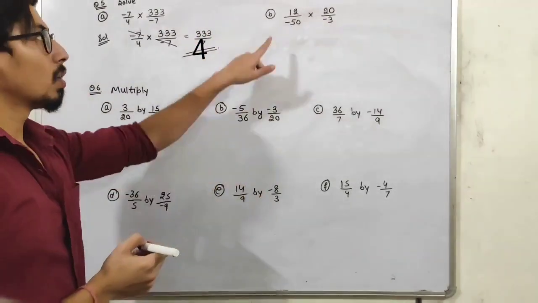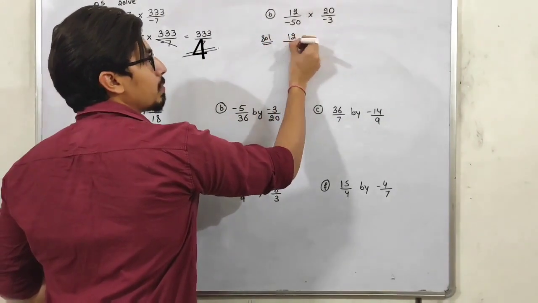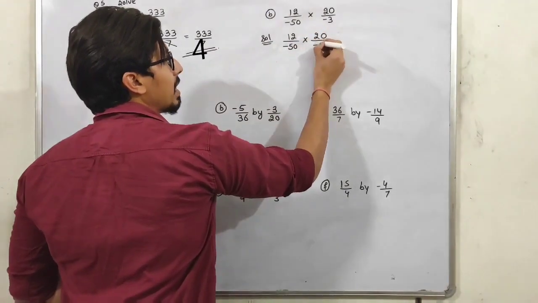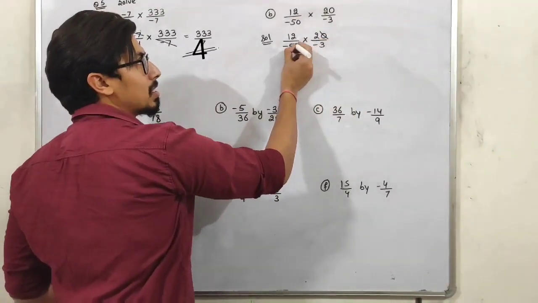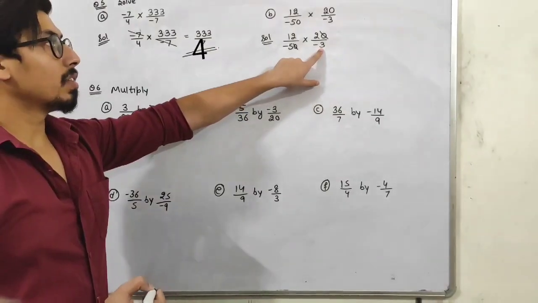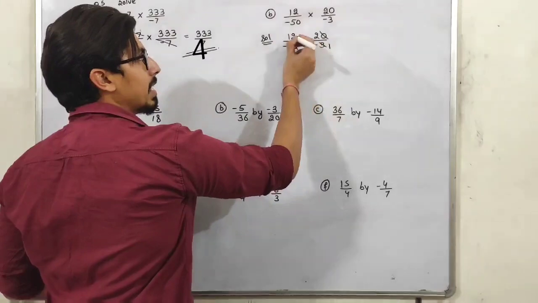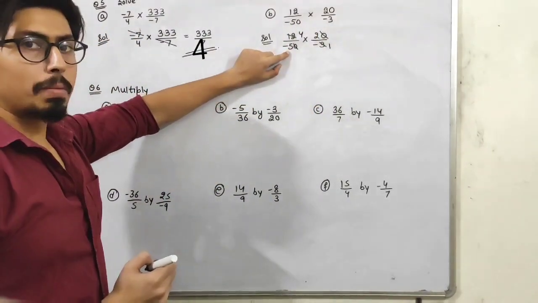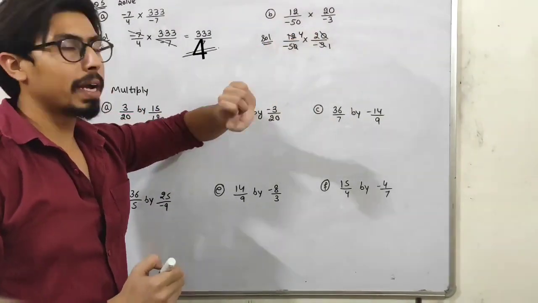Okay students. Now the next part is 12 by minus 15 multiplied by 20 by minus 3. Okay, see students, this 0 can be cancelled out by this 0. Okay, now see, we have 3 here and 12 here. So 3 ones are 3, 3 fours are 12. Now the only denominator number remaining is 5, and 5 is neither cancelled out by 4 nor by 2.